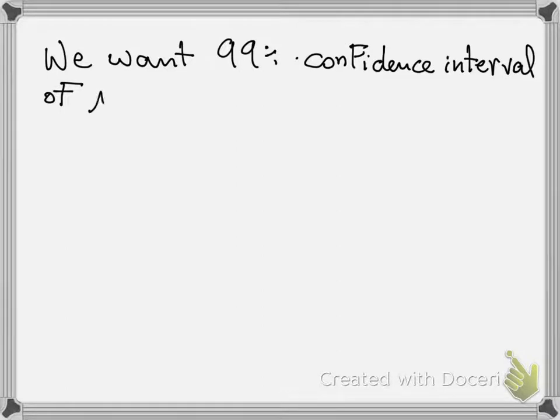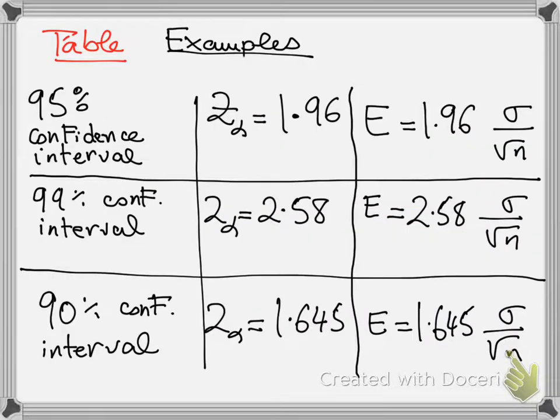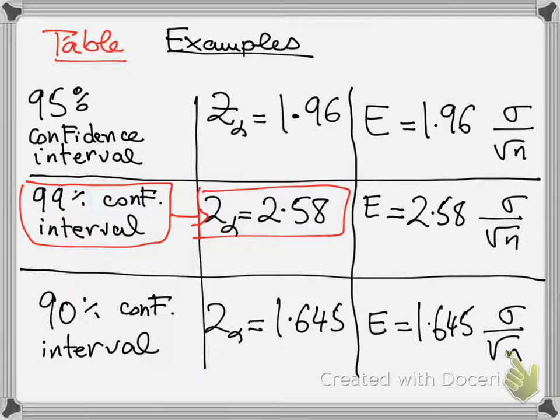Let's come back to our table. 99% confidence means that Z alpha is 2.58, and the maximal marginal error E is 2.58 times sigma over square root of n.